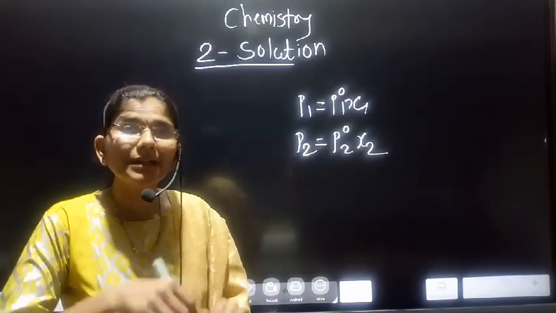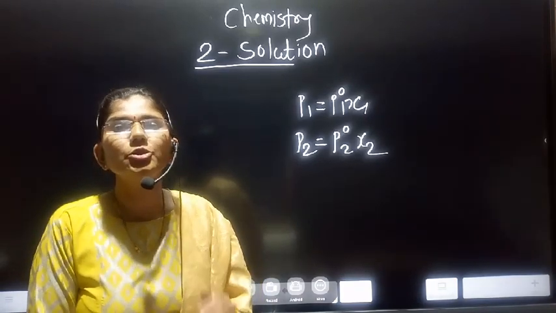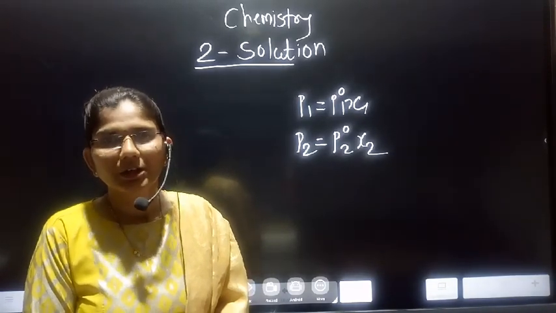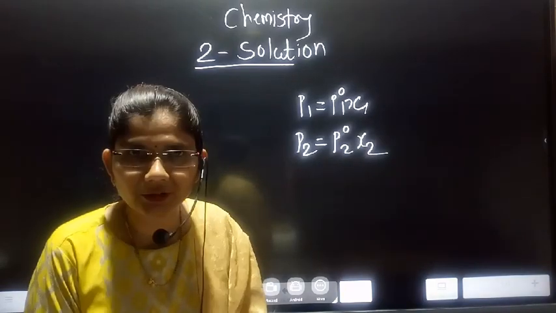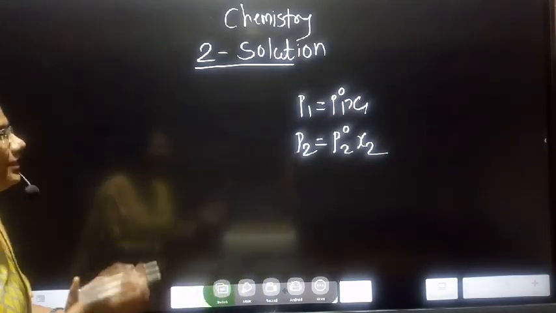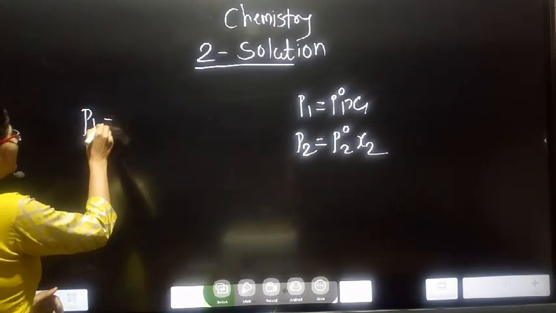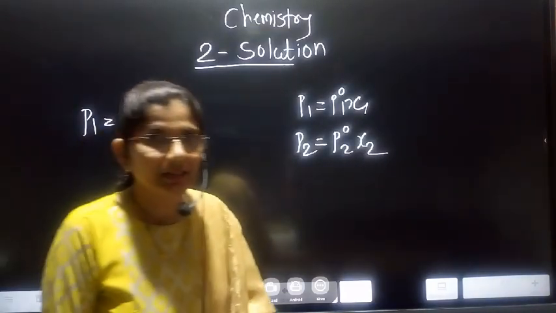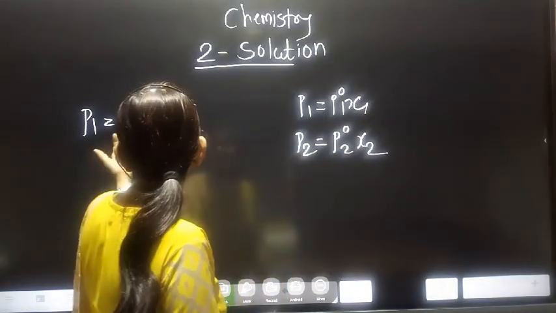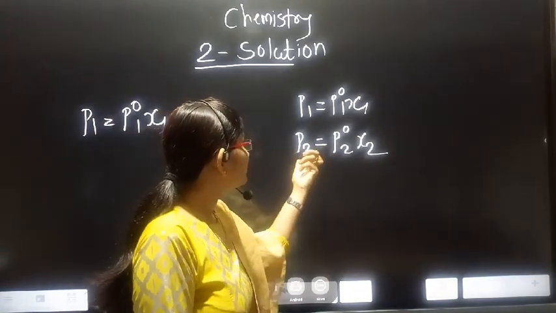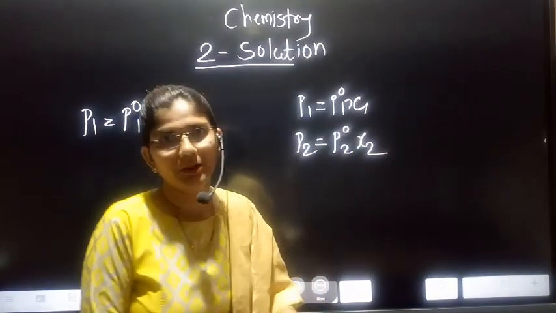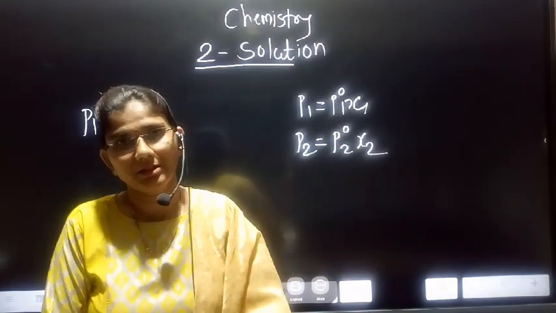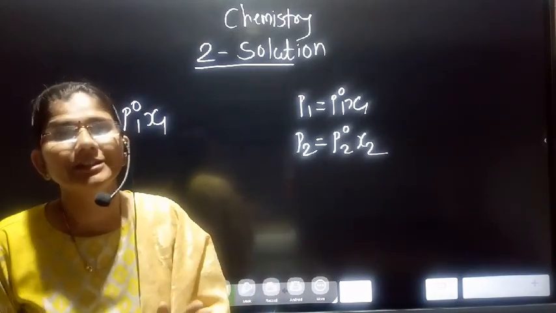But when we make a solution in which the solute is a non-volatile non-electrolyte, Raoult's law can be stated only as P1 is equal to P01 X1, because P2 is equal to P02 X2, and the vapor pressure of the solute, that means P02, is equal to 0 for a non-volatile non-electrolyte solute.